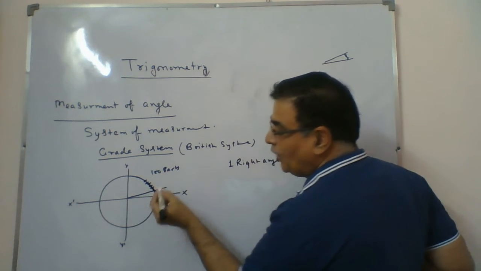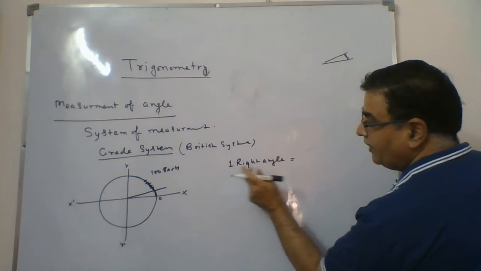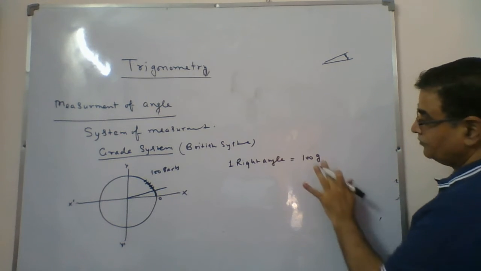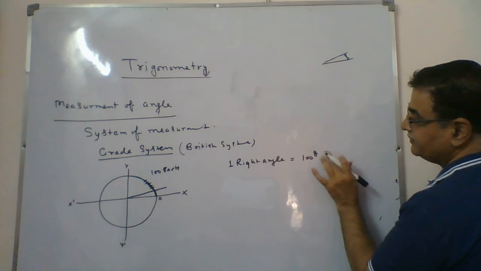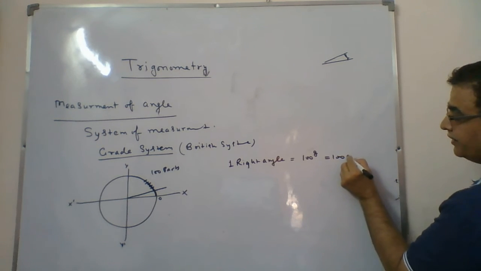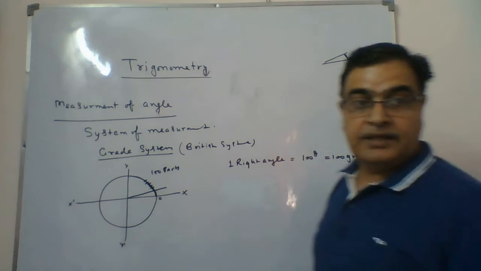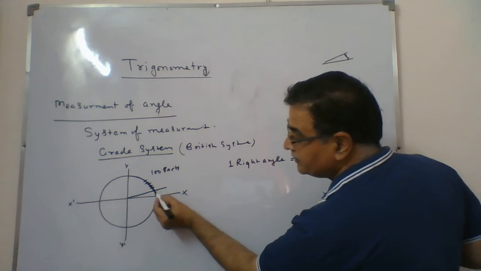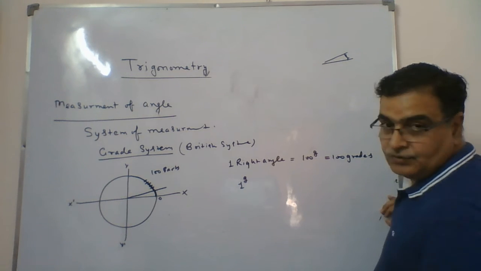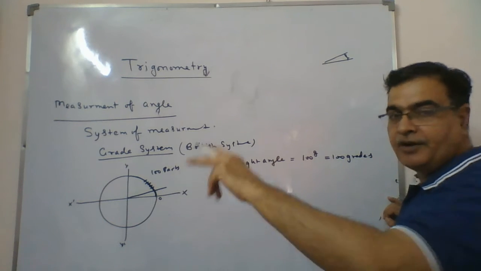And each one part will be called one grade. So one right angle will be 100 grades. You write it this way, 100 grades, with G. Then this further small part, that is one grade, they have further divided into 100 parts, not 60 this time, 100 parts.